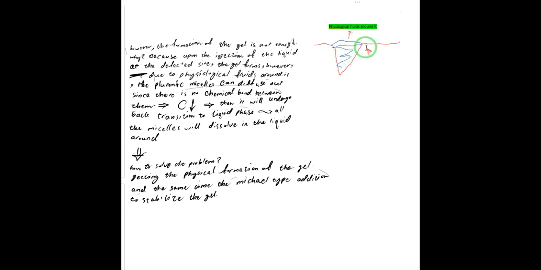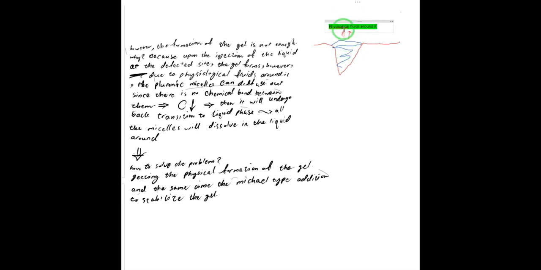When we inject our material, we have the physiological fluids around it. So some of the polymer chains will finally detach and diffuse into the fluids.